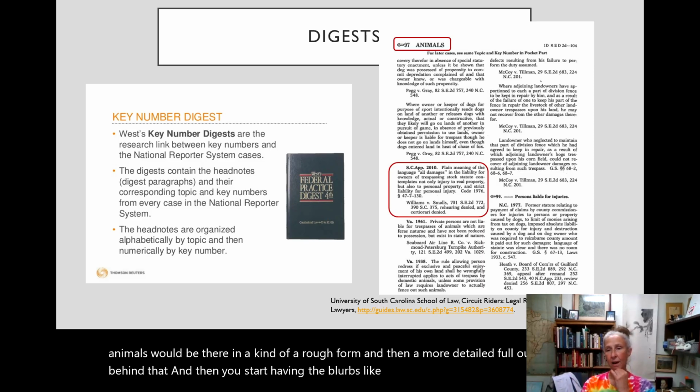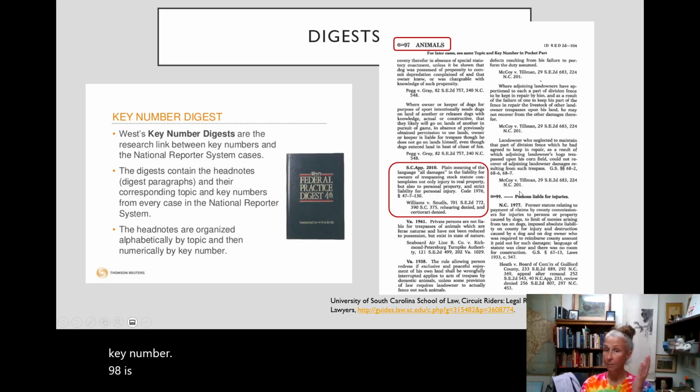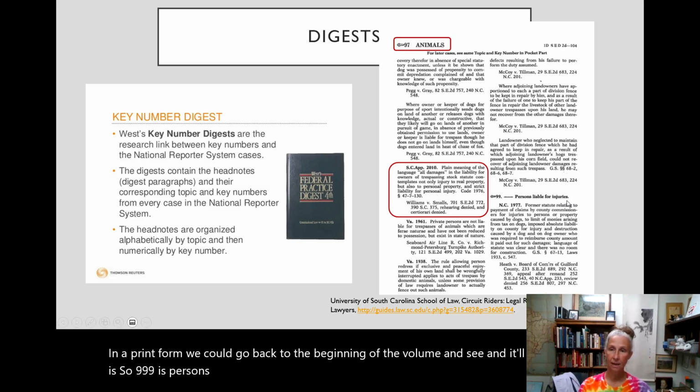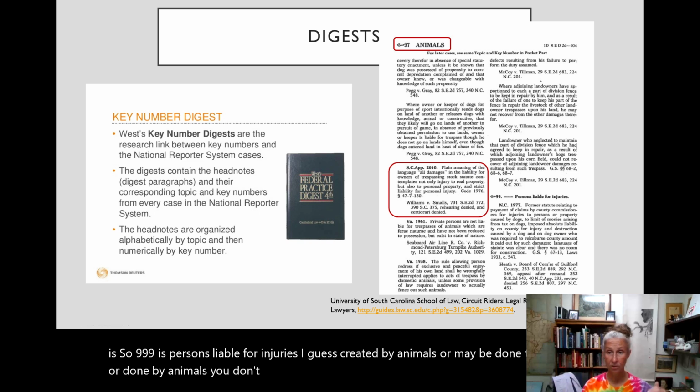So if we wanted to find out what key number 98 is in print form, we could go back to the beginning of the volume and see, and it'll say what it is. So 99 is persons liable for injuries, I guess, created by animals, or maybe done to animals or done by animals. You don't know. There's probably different key numbers for all of those things.